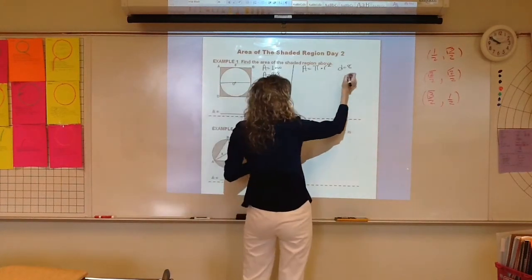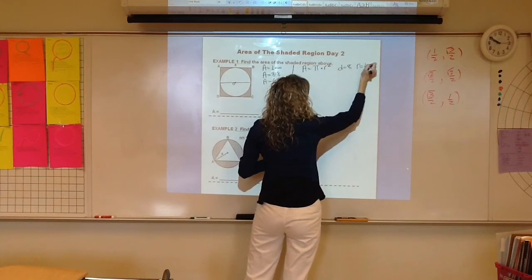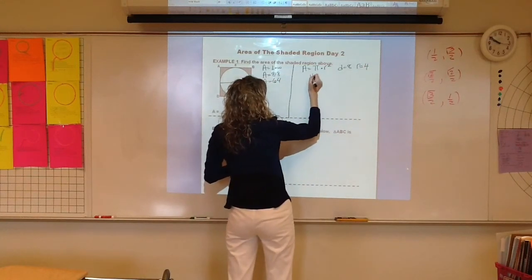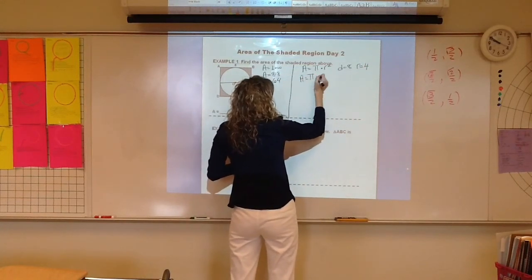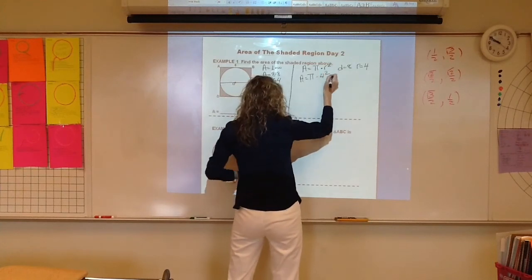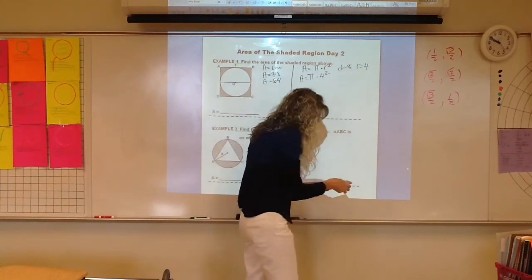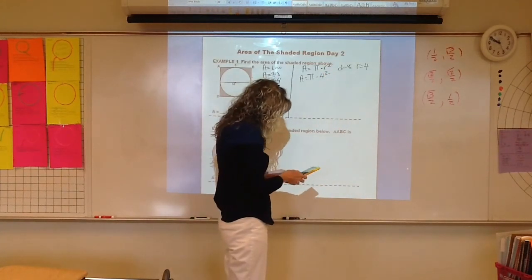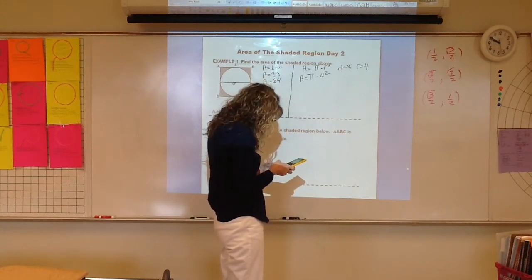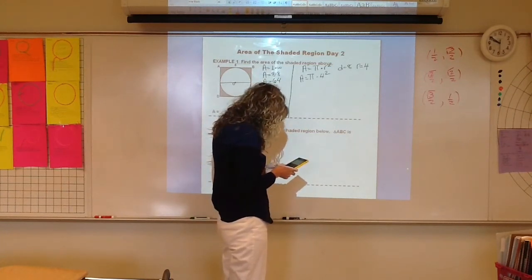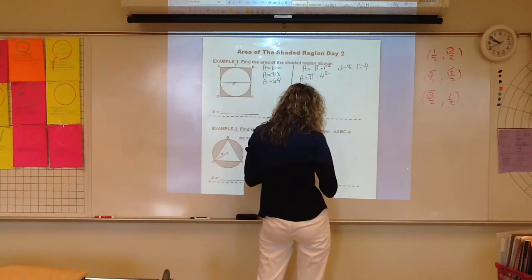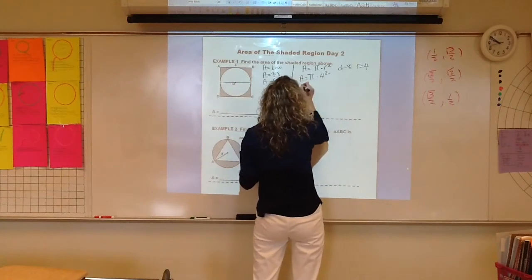And if the diameter is 8, we know that the radius is 4. So I'm going to plug 4 into this formula. So pi times 4 squared, and we're going to do 2 decimal places using the pi function on our calculator. 50 and 27 hundredths.